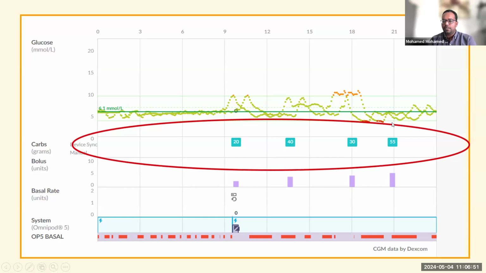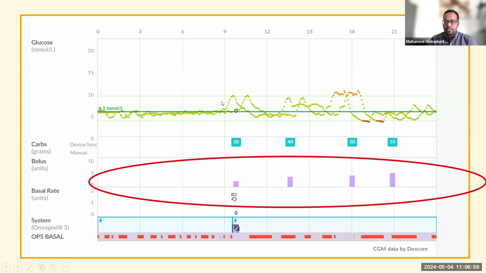Not pretty much with this one, but from that range up to that range a bit. So this tells you about the carbohydrate he's eating. This is how much insulin he's having. So that's the bolus insulin. So he's having a bolus here, a bolus there, and a bolus there.